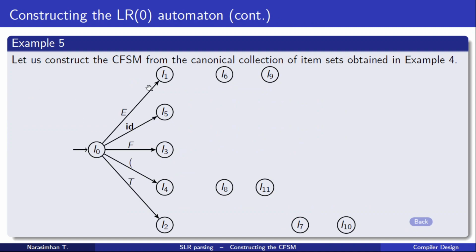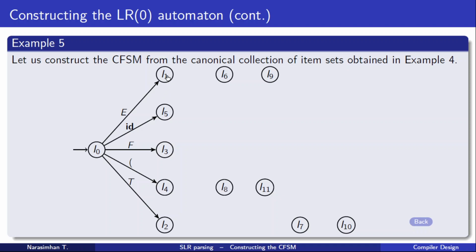I0 on left parenthesis moves to I4, and I0 on ID takes you to I5. So the transitions for I0 are done.